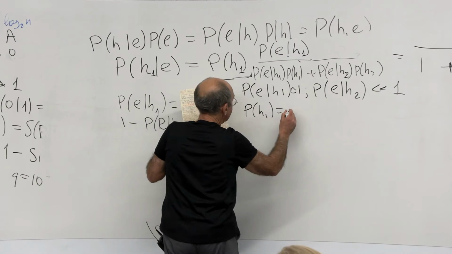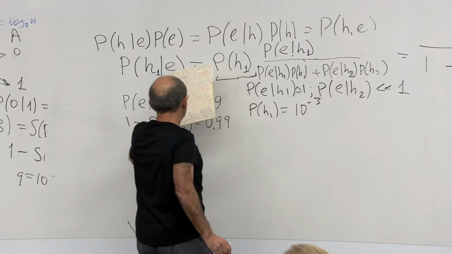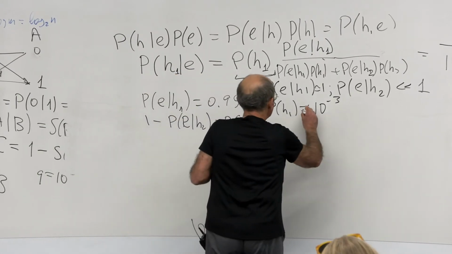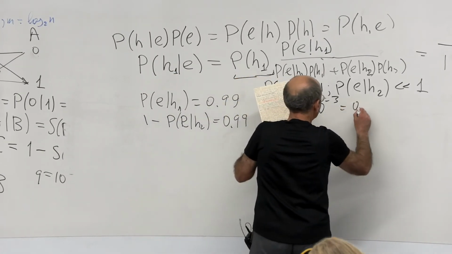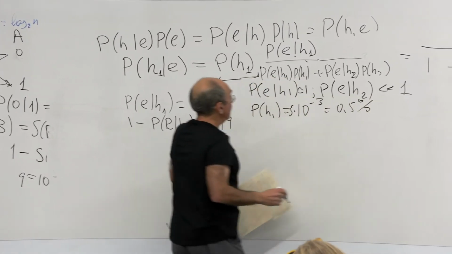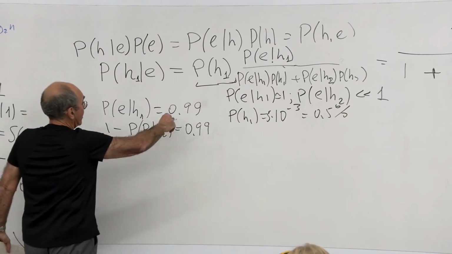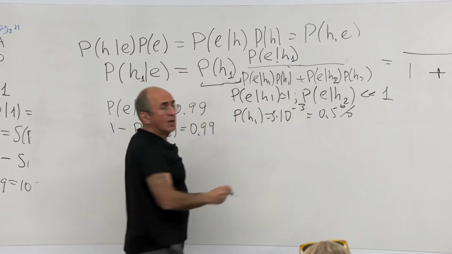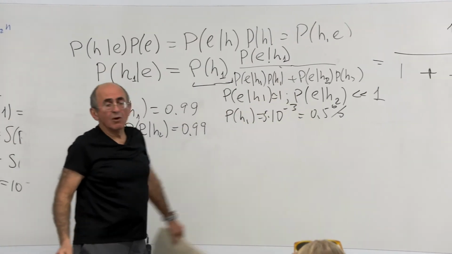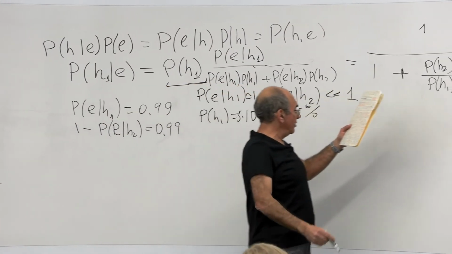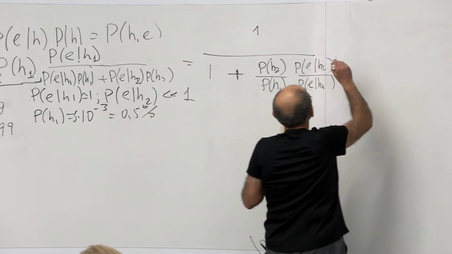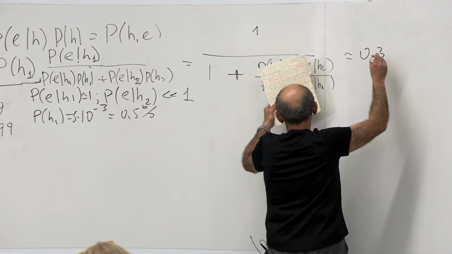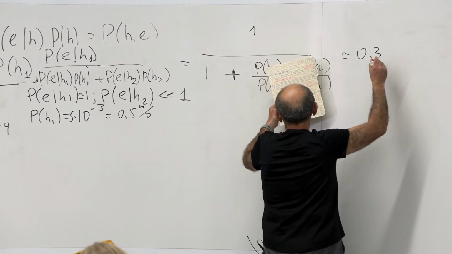So P of H1 is 10 to minus 3, 0.1%. Okay? Now, if we plug all these numbers into this formula or into that formula, and I spare you the computations, then the answer would be, in this case, 0.03. Where is the answer? 3.